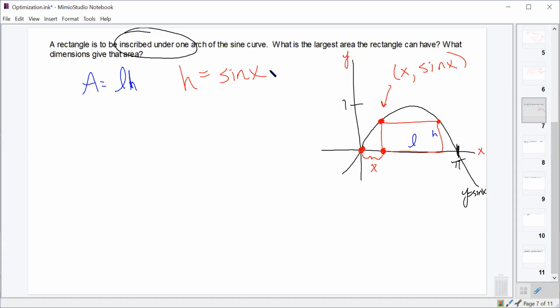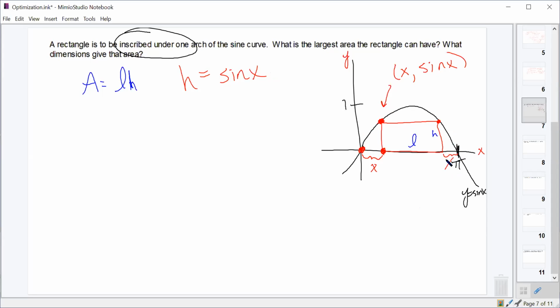Good. Okay. Well, if we're talking about a sine curve, it goes from here to here. What can you tell me about it? Is it symmetric? Yes. So if this distance here is x, what can you tell me about that distance also?